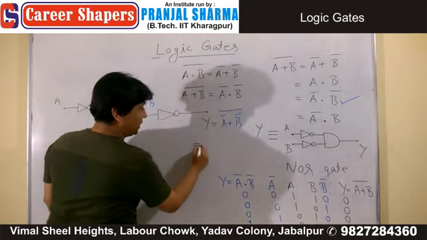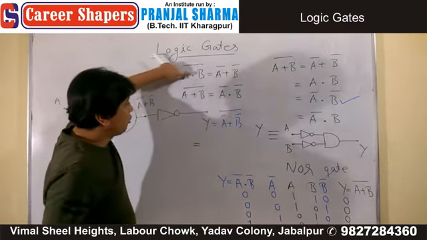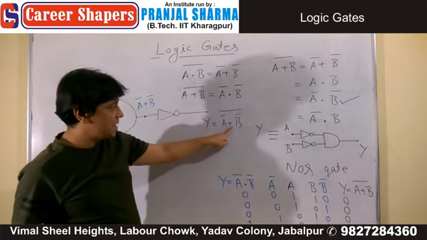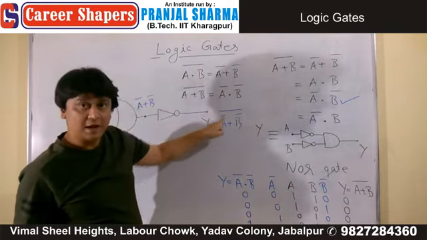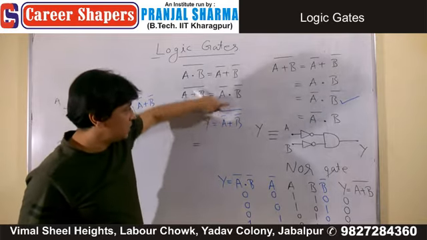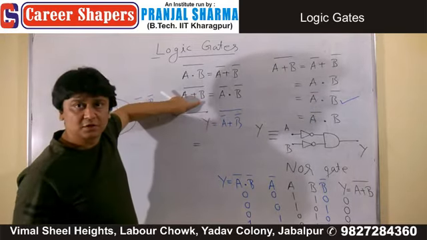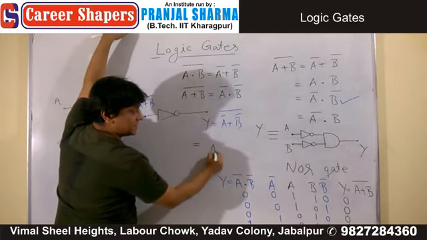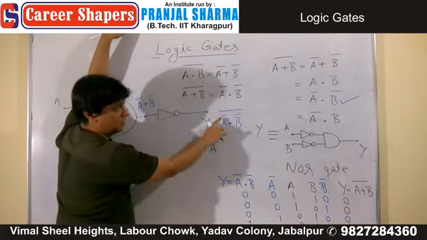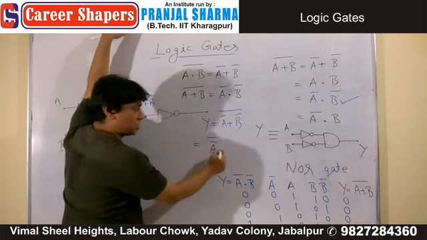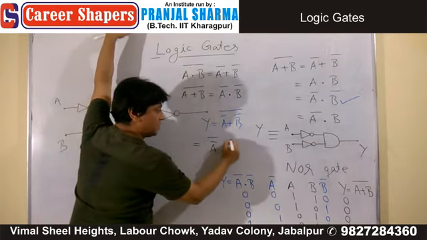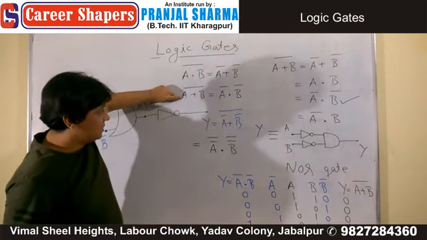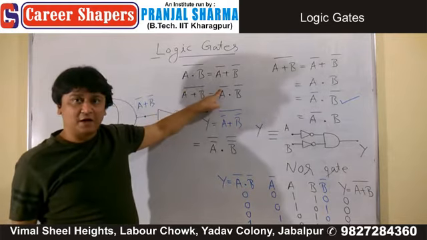Now look at the role of these things. What is this? A bar plus B bar. What does it do? It does this: A bar bar dot B bar bar. Whatever is here, bar of that.